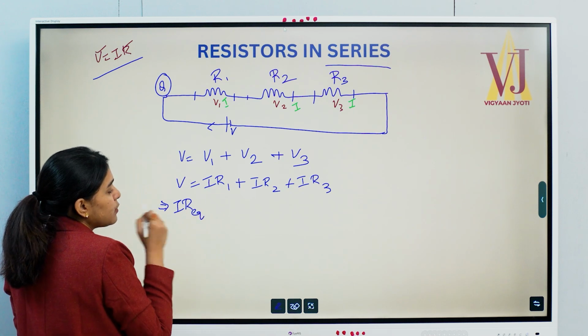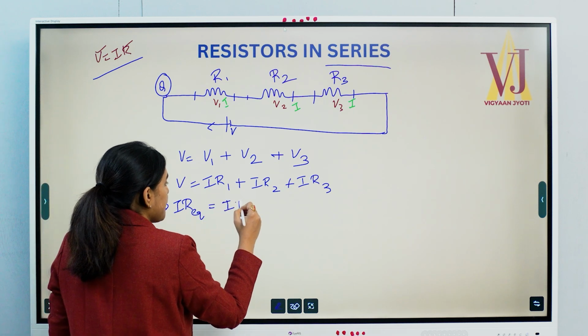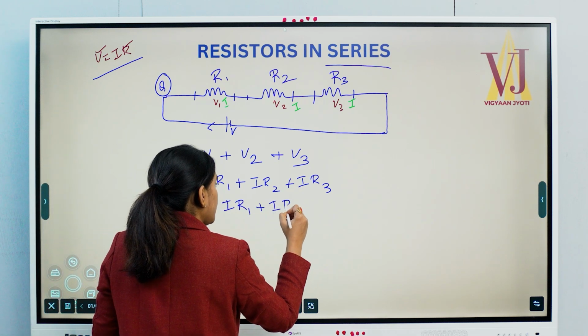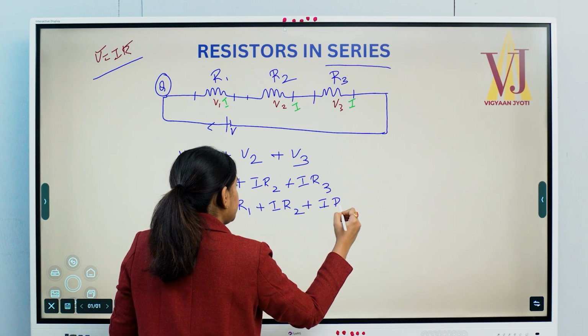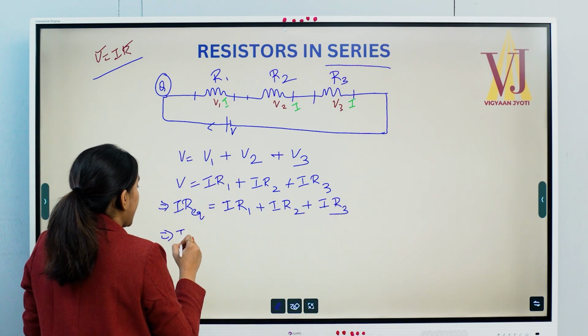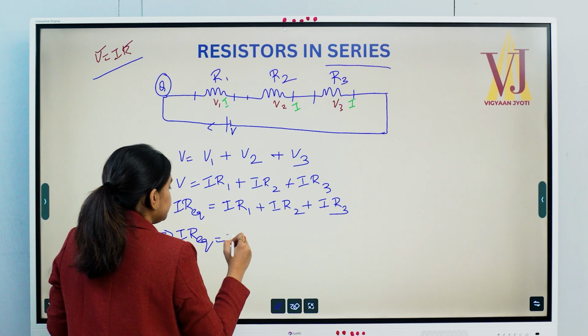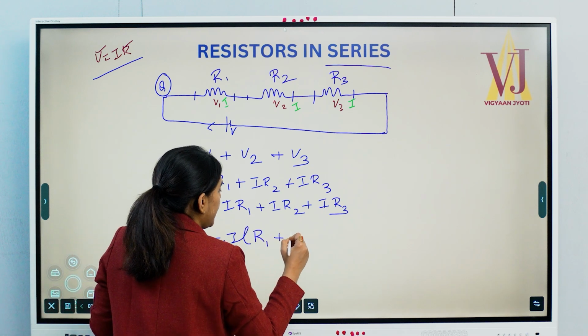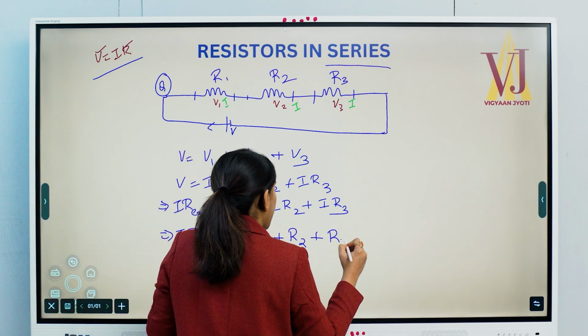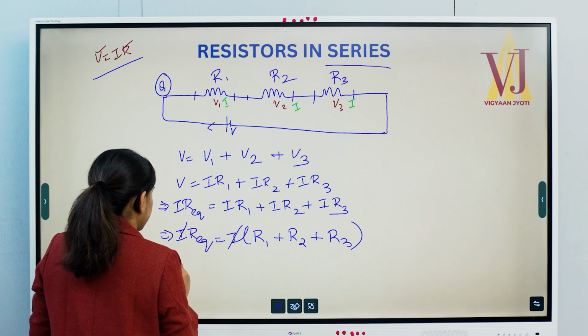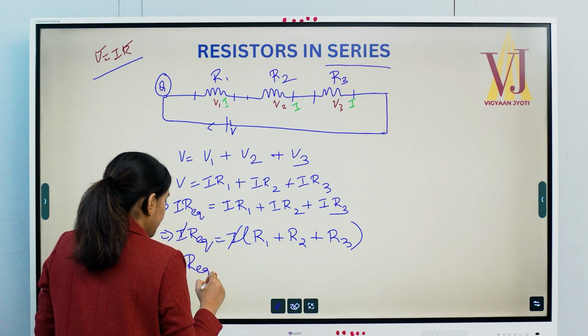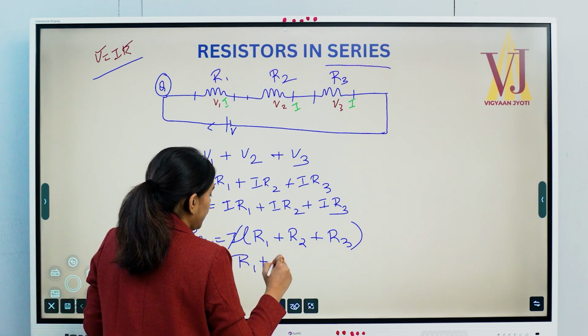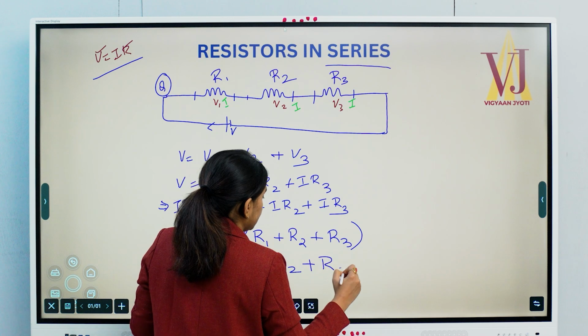EQ as in equivalent resistance. Now we will take I as common: I times (R1 plus R2 plus R3). Now I and I get cancelled, so remaining we have equivalent resistance as R1 plus R2 plus R3.